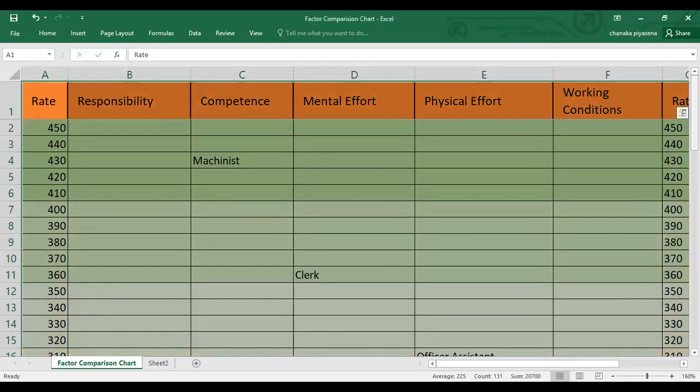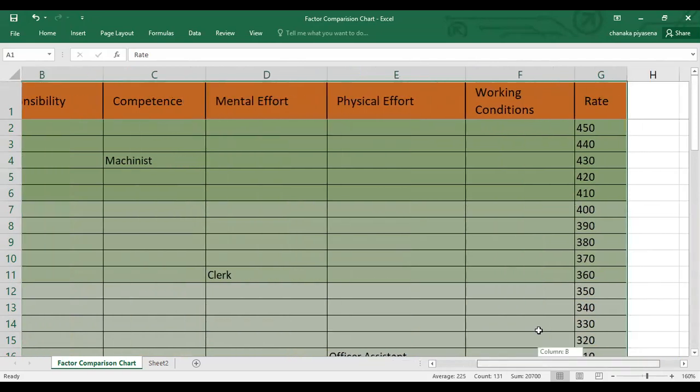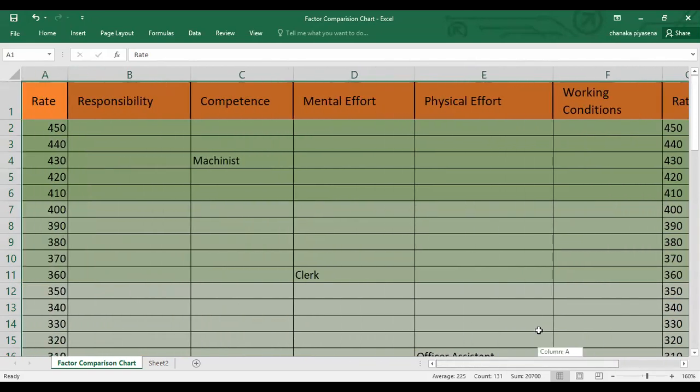This is the factor comparison chart. As per our example, there are 5 factors: responsibility, competence, mental effort, physical efforts, and working conditions. Then there are some rates based on the approach of percentage value.